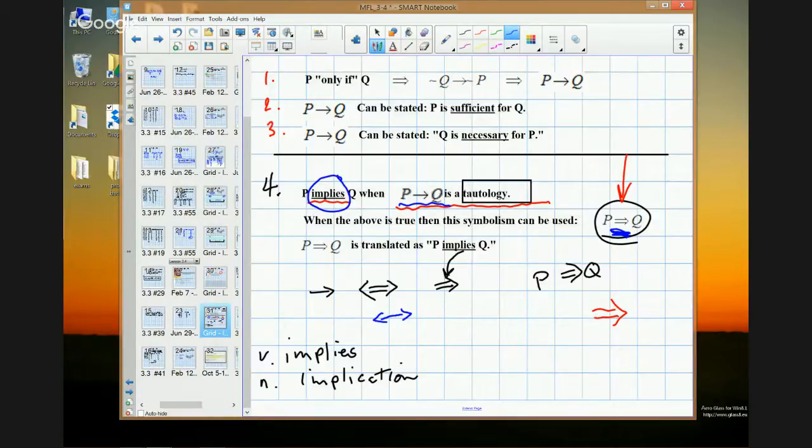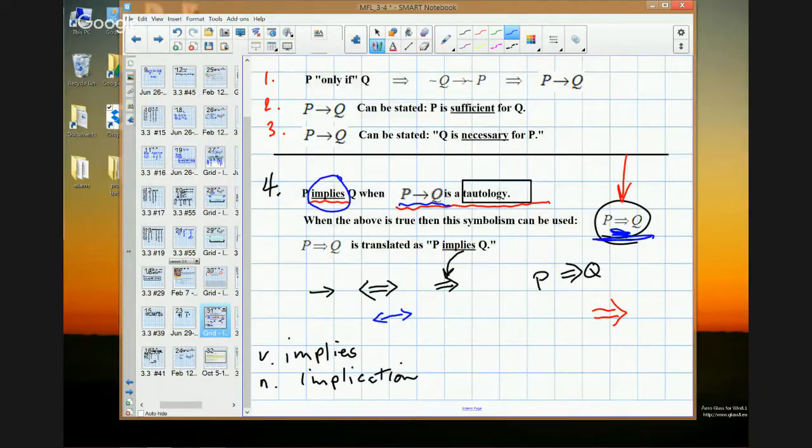So if P then Q turns out to be a tautology, play the horns, because this is special. P implies Q. That's what this says. P implies Q. And we're going to practice that in a minute.